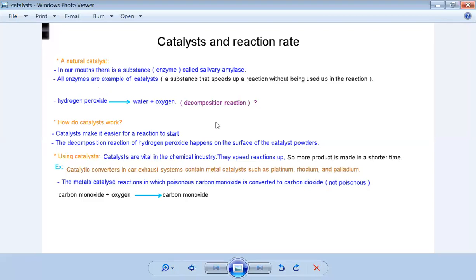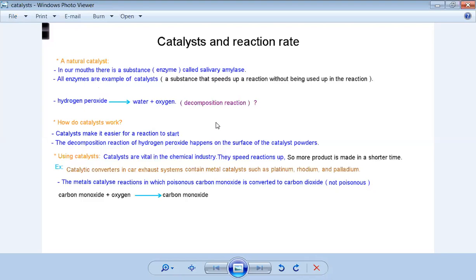Okay, catalysts are vital in chemical industries. They speed reactions up, so more products are made in a shorter time. For example, with soaps, when they make soaps, they add catalysts to speed up the reactions and get more products in shorter time.